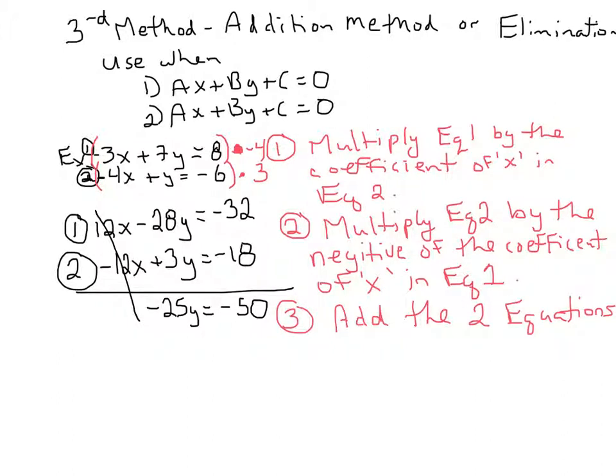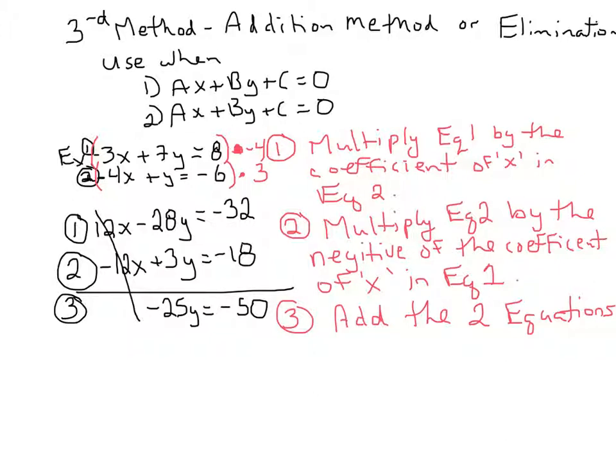Are we all right with what I did here? I took my 12x plus my negative 12x is gone, cancels out, 0x. Negative 28y plus 3y is negative 25y. Negative 32 plus negative 18 is negative 50. And so that was step 3.